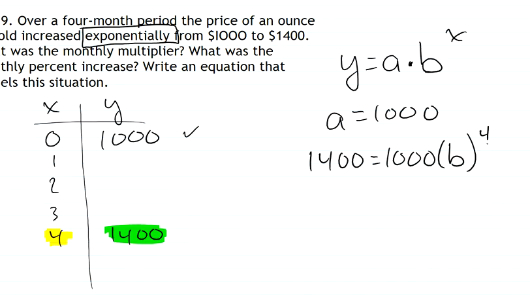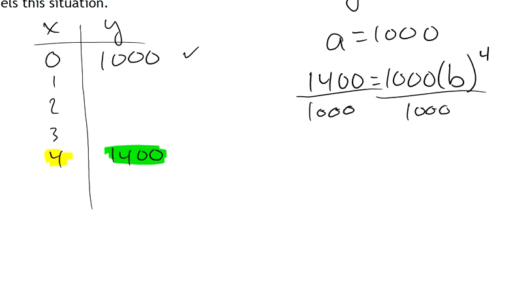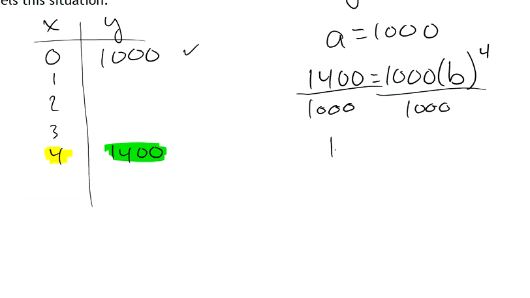My whole thing is I need to figure out what B is. To do that, I'm going to divide both sides by 1,000. On the left-hand side we end up getting 1.4, and on the right-hand side we have b raised to the 4th power.